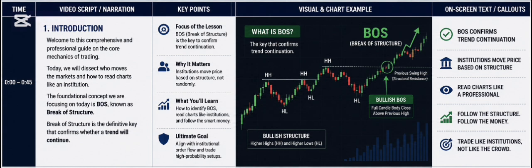In a bullish market, the price constantly creates higher highs and higher lows. In a bearish market, the price systematically forms lower lows and lower highs. Understanding this structural swing is the bedrock of Smart Money Concept, or SMC.